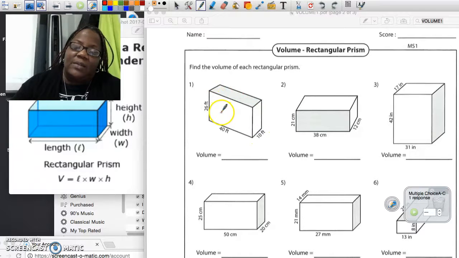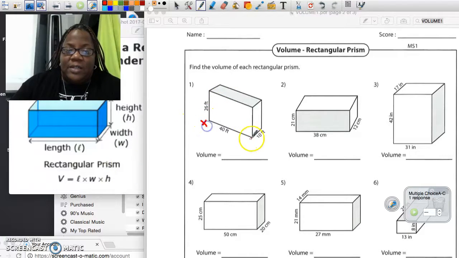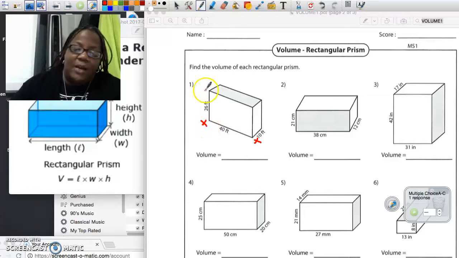So for the rectangular prism, all you have to do is take all three of my numbers and multiply them together. Length times width times height.